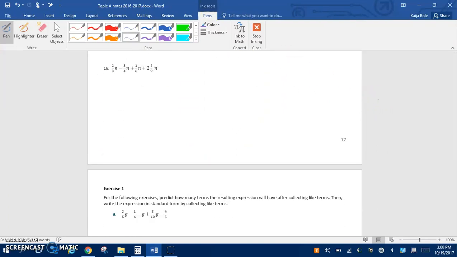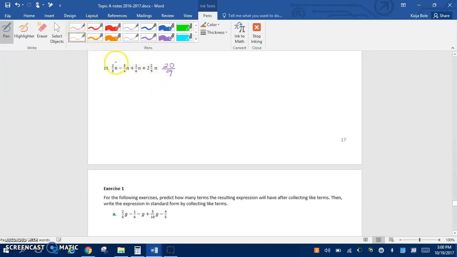This is 2/3 n minus 3/4 n plus 1/6 n plus 2 2/9 n. So the first thing I'm going to do is I'm going to change the 2 2/9 to an improper fraction. So this would be 20/9. Alright, and then I'm going to work with all of this. So when we look at 3, 4, 6, and 9, our common denominator is going to have to be 36.